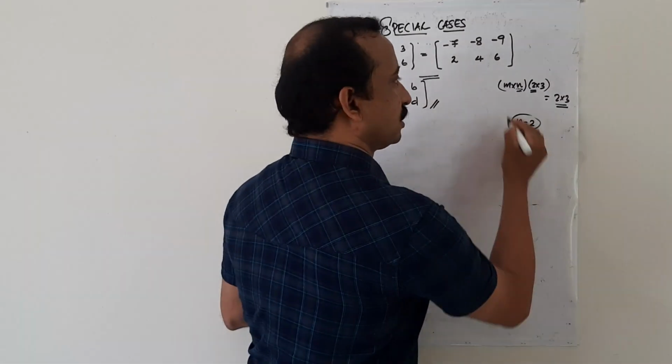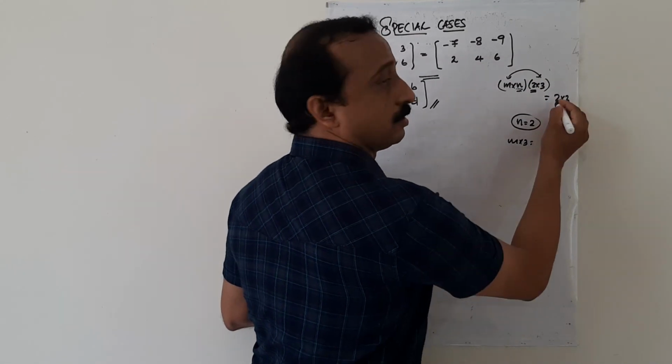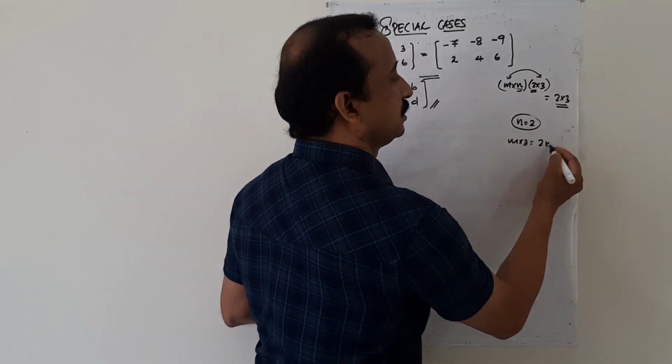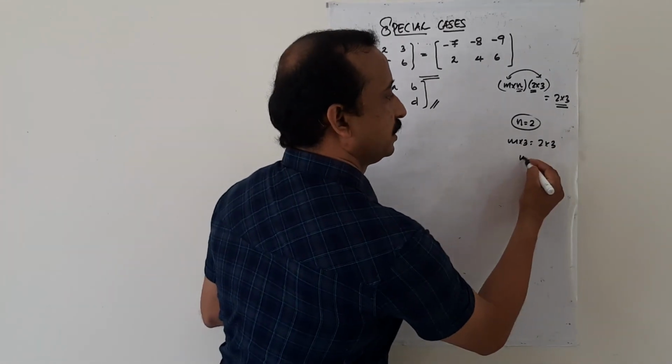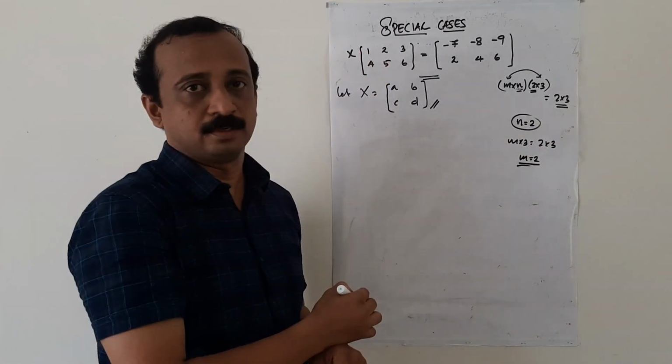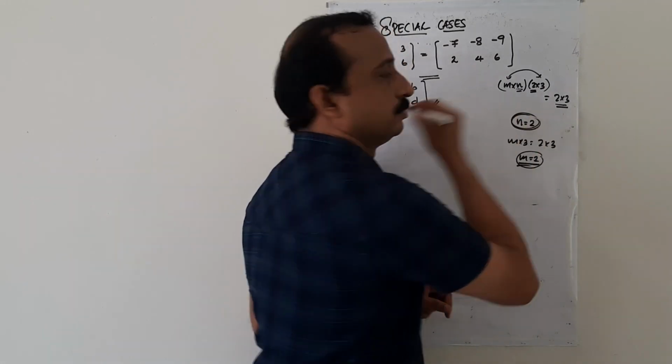And the resultant matrix order is M by 3. Here the resultant matrix order is already given as 2 by 3. Therefore, equating the corresponding terms, we get M is equal to 2. Therefore M is 2 and N is 2.